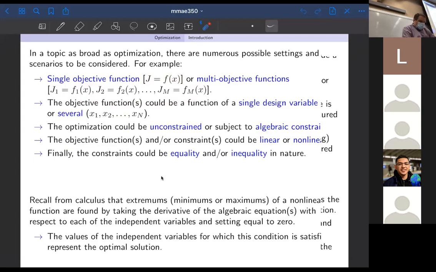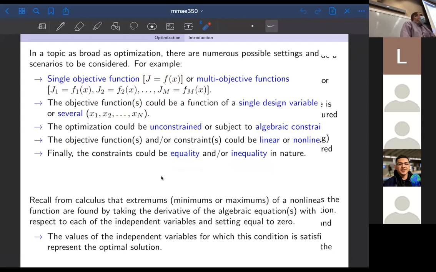The constraints could be equality constraints, or they could be inequality constraints. So an inequality constraint would be, for example, if I am blasting a rocket into space, the minimum thrust, of course, is 0. The maximum thrust is whatever the maximum thrust is of the rocket engine that I went to Home Depot and bought and stuck at the bottom of my rocket. So there's a range.